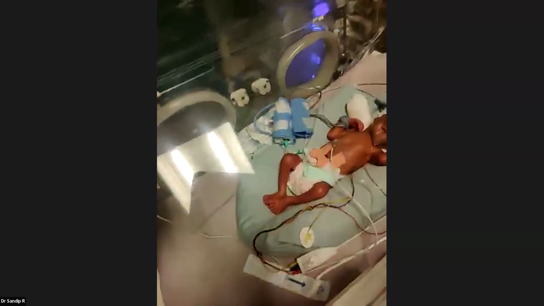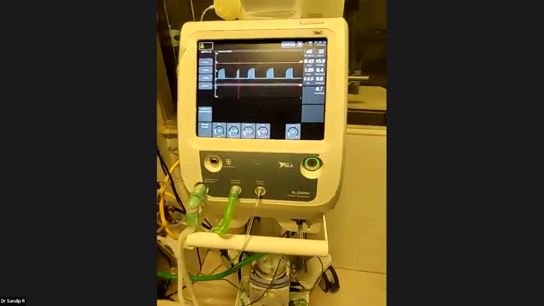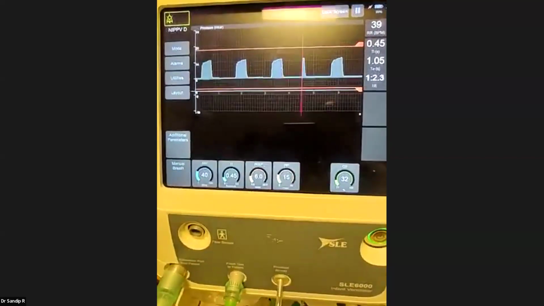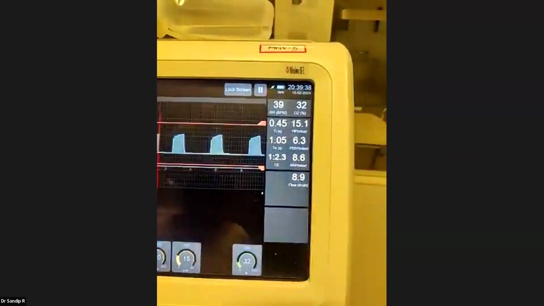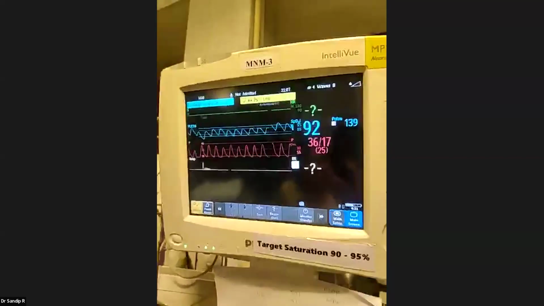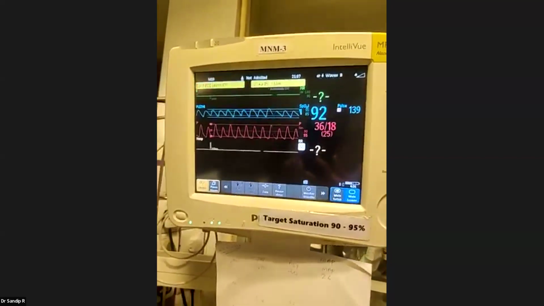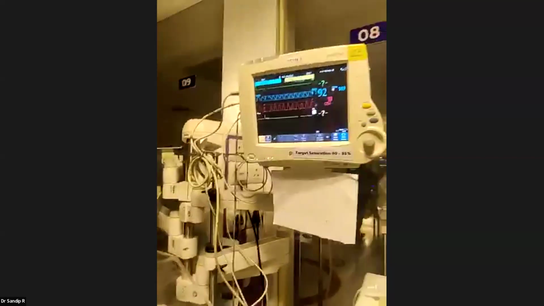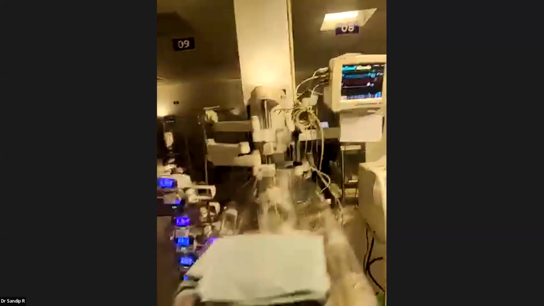The baby is connected to NIPPV mode of ventilation with FiO2 of 32%, PIP of 15, PEEP of 6, TI of 0.45 and rate of 40. Baby saturation on right upper limb is showing 92% with heart rate of 138 per minute, and blood pressure is 37 by 18 with MAP of 25, which is between 50 to 58 centile.